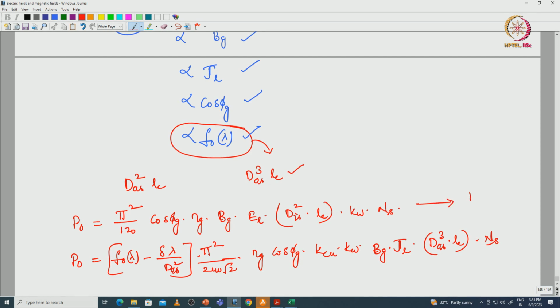This is with respect to the D square L term, and this is with respect to the D cube L term.